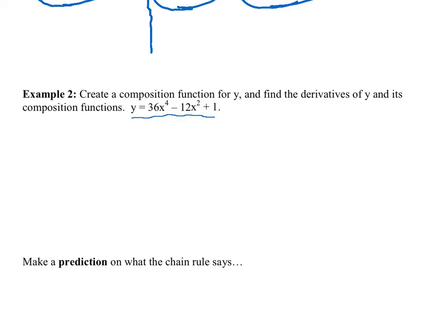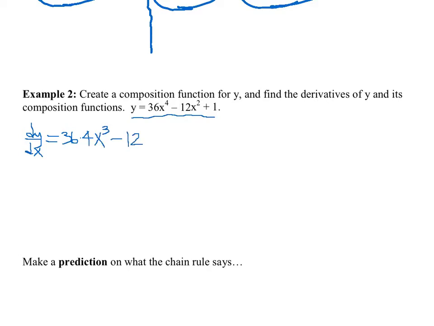If you look at this, the only way to make a composition of this is to factor it. So the first thing I'm going to do is the derivative of the original function before I worry about the compositions. The 3 is just a constant multiple. The derivative of x to the 4th is 4x cubed.